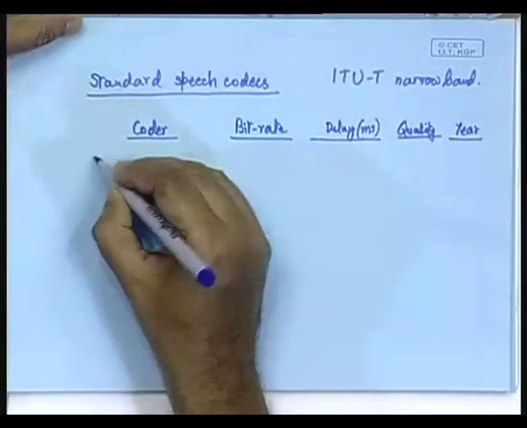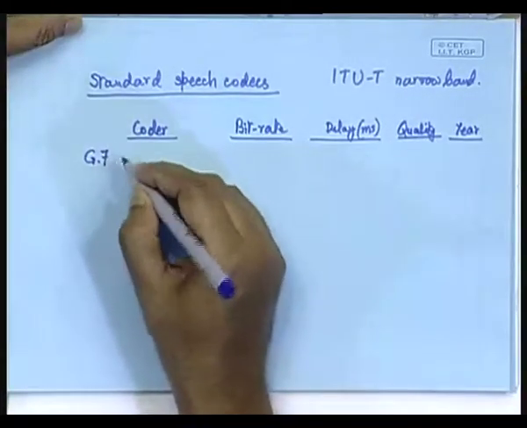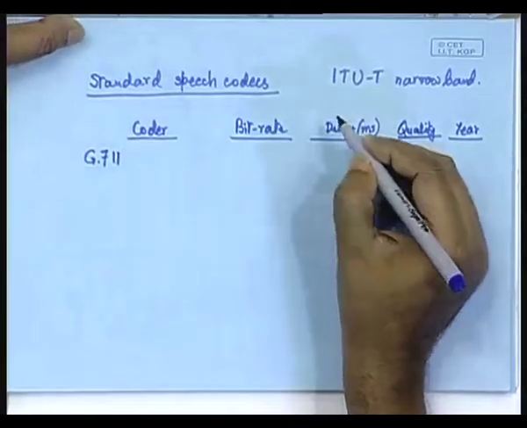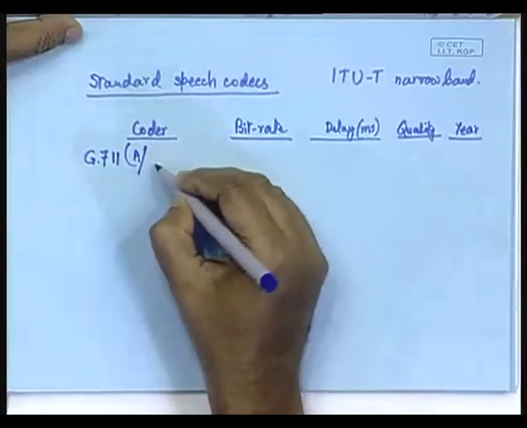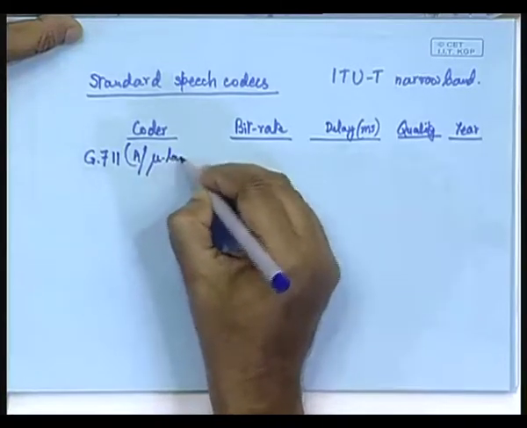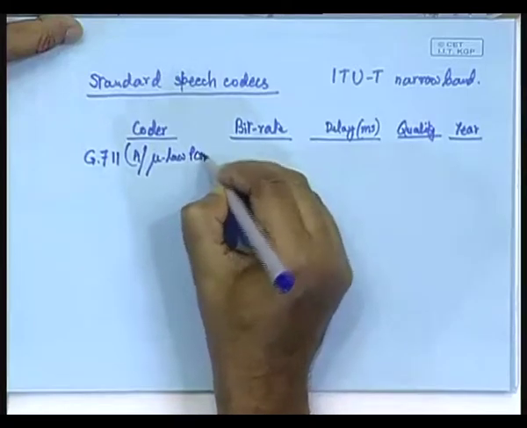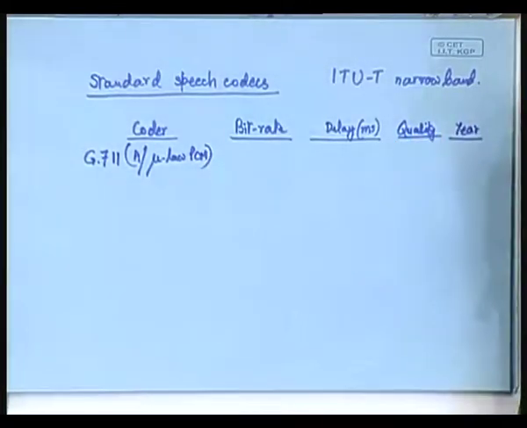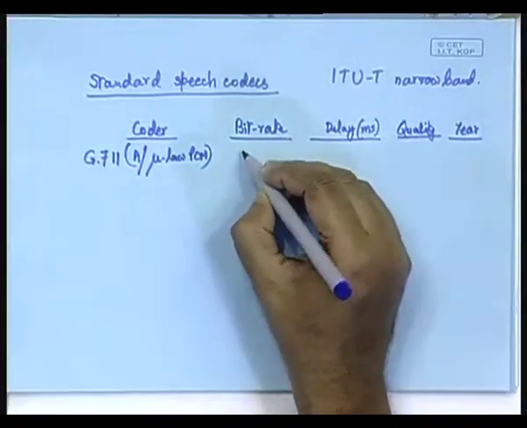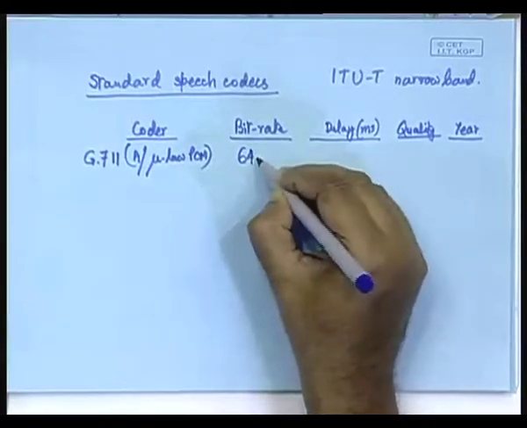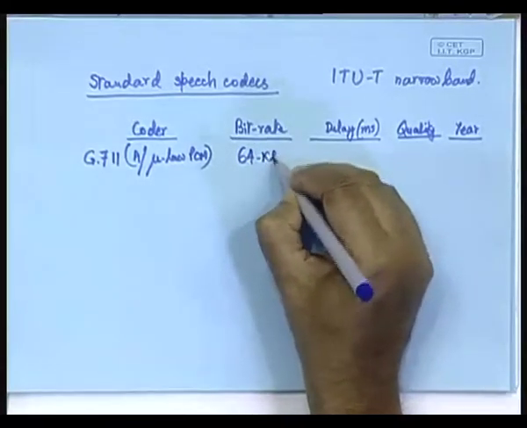So, we begin with the G.711 coder, which is basically an adaptive and mu-law PCM. We will be covering this adaptive and mu-law PCM very shortly, in the next 1 or 2 lectures. Essentially, as I had told you already, PCM conforms to a bit rate of 64 kilobits per second.